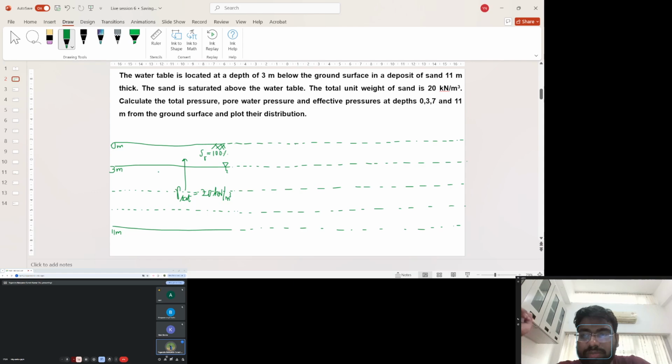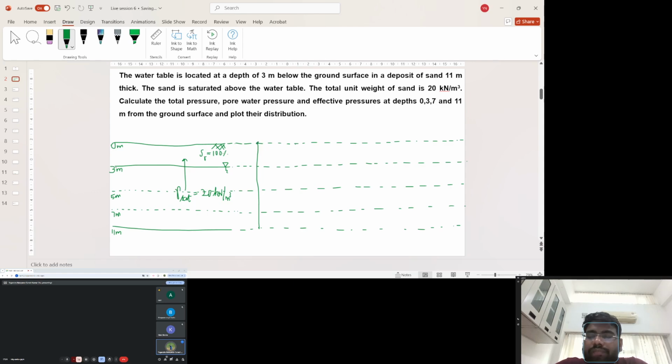First is total pressure. This is the 5 meter point, and this is the 7 meter point, right? Total pressure at 0: let this be the reference line.